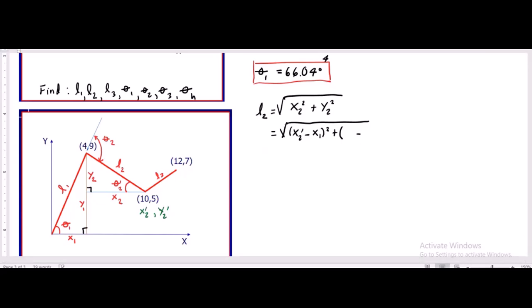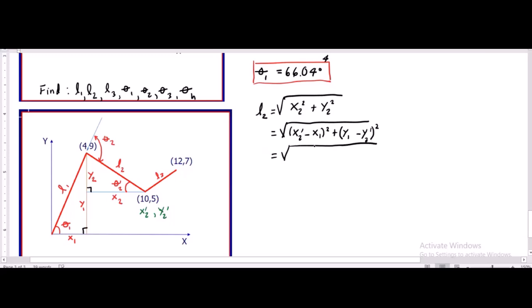So y1, from here to here is y1, minus from here to here is your y2. So from here to here is your y2 prime, minus y2 prime, square. And substitute all the values.